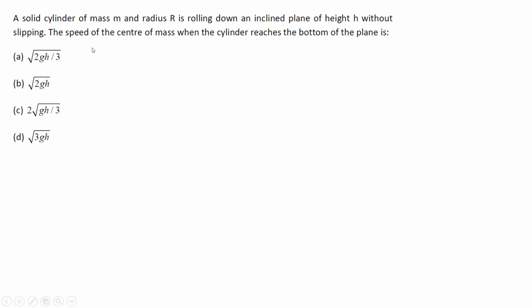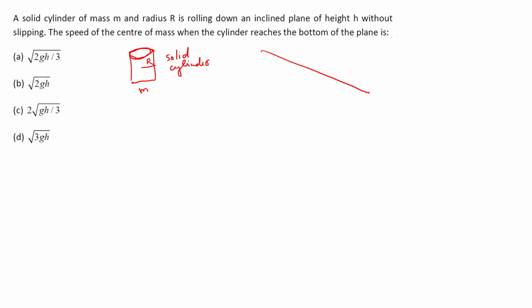This question says a solid cylinder of mass m. So let me draw here. A solid cylinder of mass m. Keep in mind that it's solid. It's a solid cylinder of mass m and radius capital R rolling down an inclined plane.